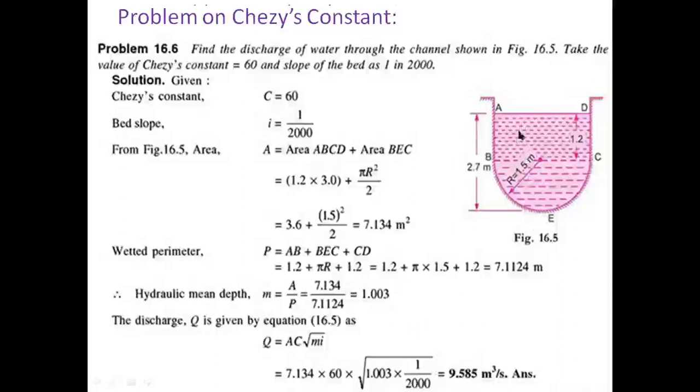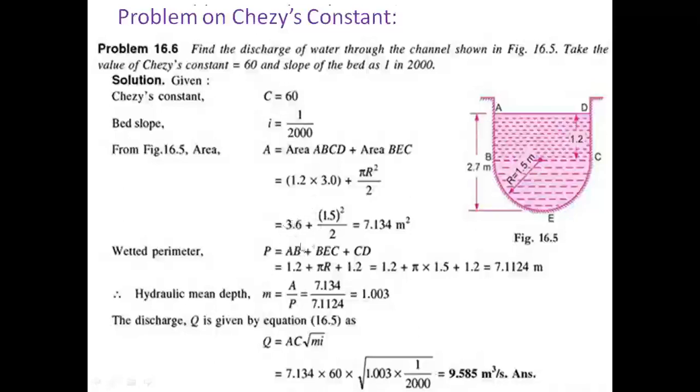Total area of the channel means both the rectangular channel and the semicircular channel, 1.2 into 2.7. Here there is some mistake, it is not 3.0, it is 2.7 meters. Now 1.2 into 2.7 is equal to 3.24, and the value I said earlier, 3.9, is wrong.